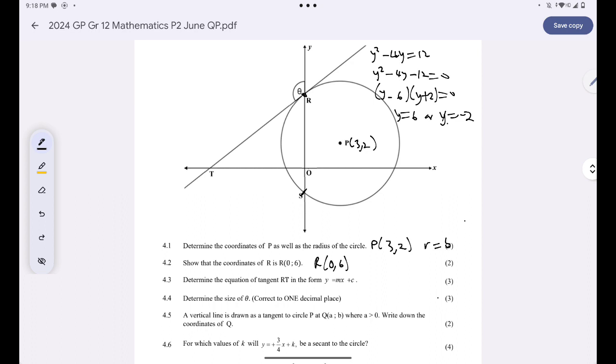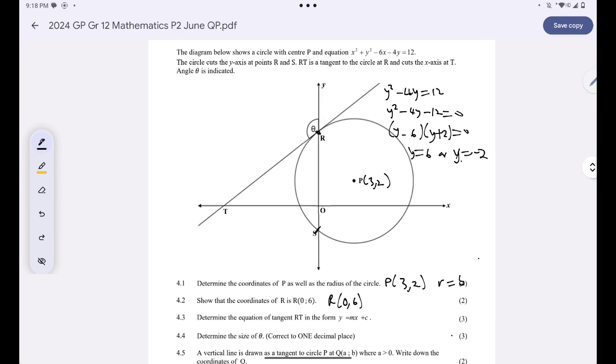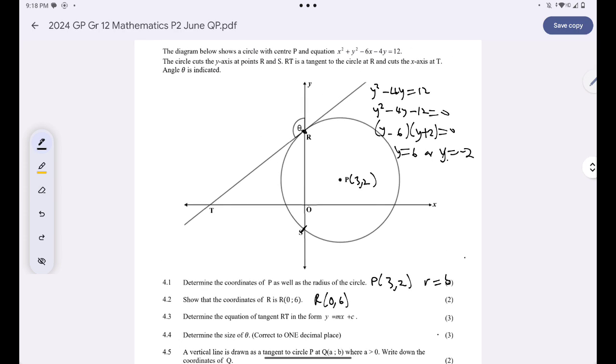Determine the equation of the tangent TR. Okay, for me to find the equation of a graph, I only need the gradient and the y-intercept, right? I already know the y-intercept will be 6. What will be the value of my gradient? I can find the gradient of my radius there, which is RP.